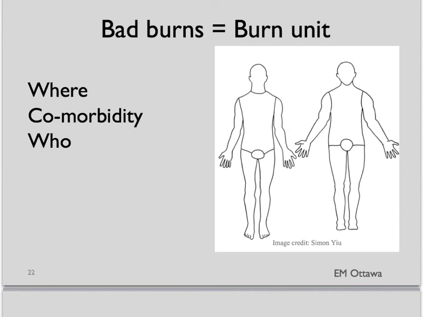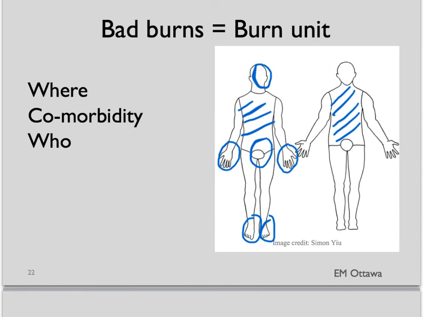So any specific area that is very functional to the patient, such as hands, feet, perineum, face, or a circumferential burn to the chest. The next is coexisting injury, so burn with significant inhalation injury, trauma, or lightning.